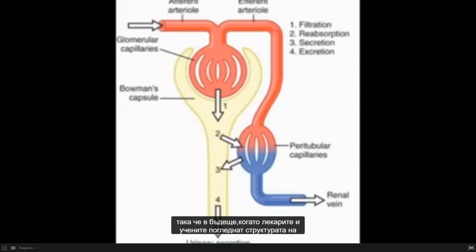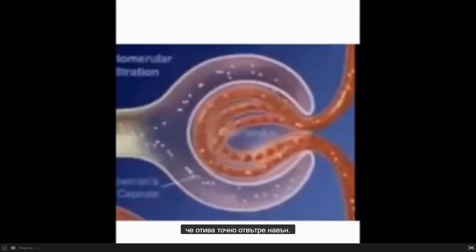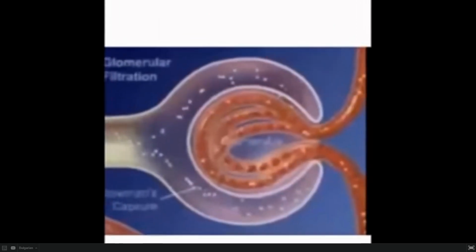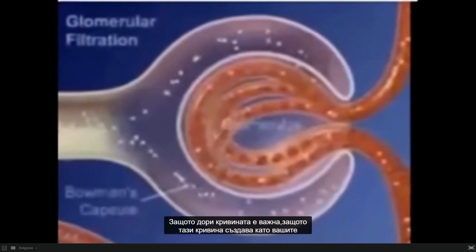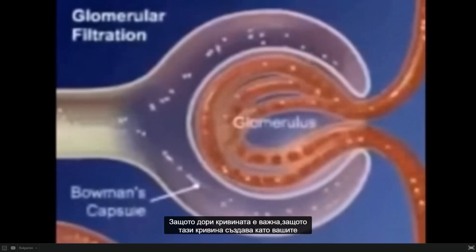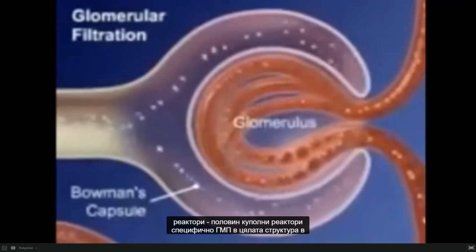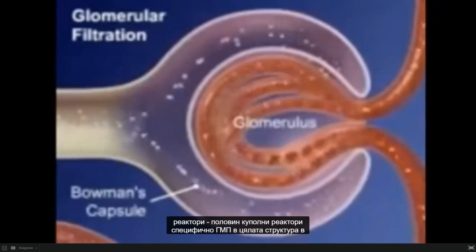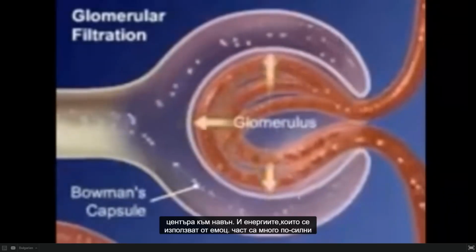So in the future, when doctors and scientists look at the structure of the brain and the structure of the kidney, they will see matching point to matching point: which part of the kidney extracts which energy from which part of the brain. And you find out it goes exactly the same, inside out. Even the curvature is important, because that curvature creates, like your half-dome reactors, a specific gravitational magnetic field in the whole structure from the center to outside.